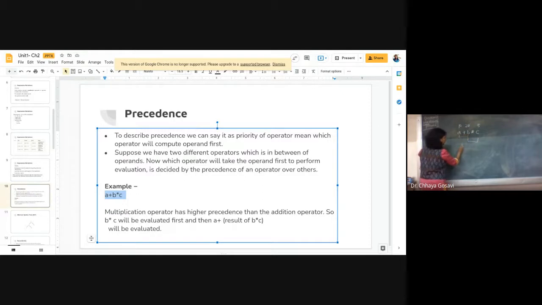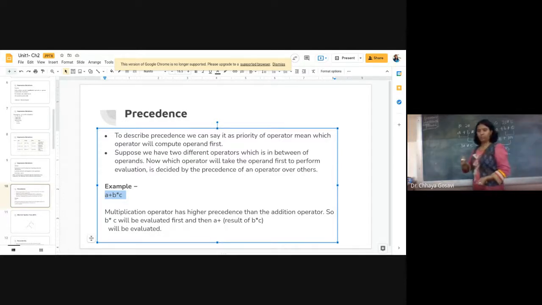So A plus B is 30, multiplied by 5. So it will be 150. And you can solve this as B star C first, so 20 into 5, so it is 100. And plus 10. So this will be 110. So these two answers are different.